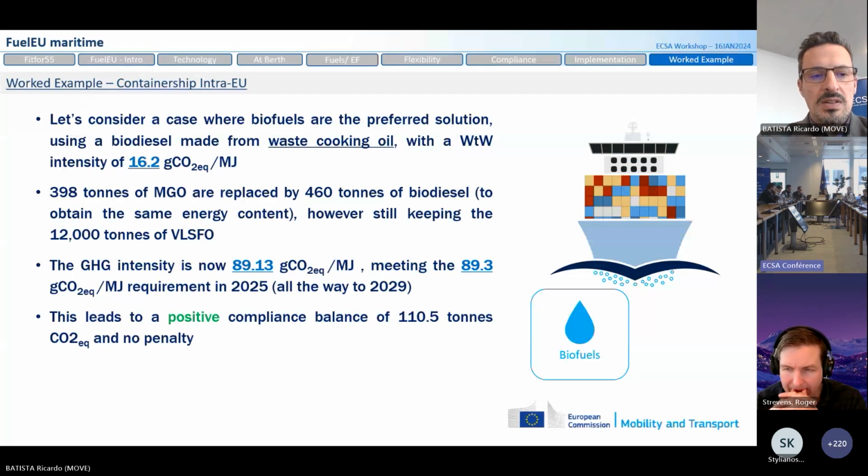We keep the 12,000 tons of very low sulfur fuel oil. So here we only change the fuel used in the auxiliary engine installation. And we can bring the compliance of the ship to below the requirements, and here obtain a positive compliance balance of just above 110 tons of CO2 equivalent and no penalty determined. So only by arranging some blending of biodiesel into the auxiliary engine installation.